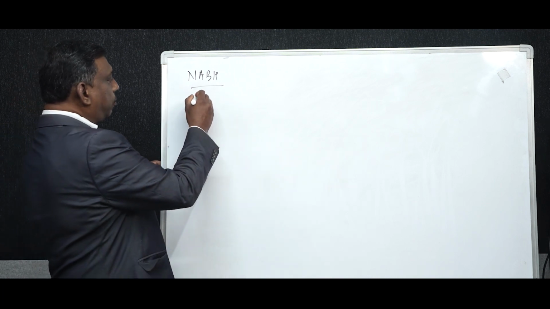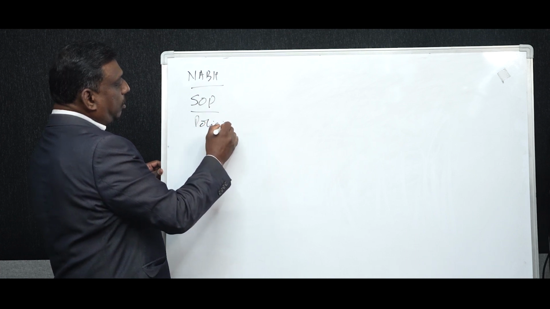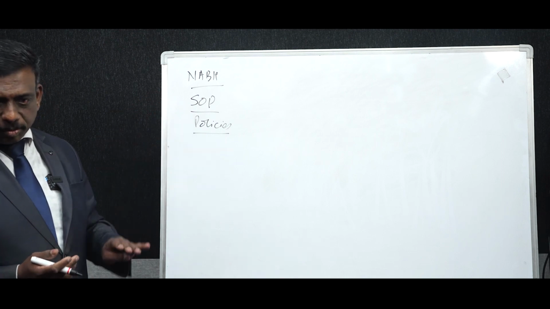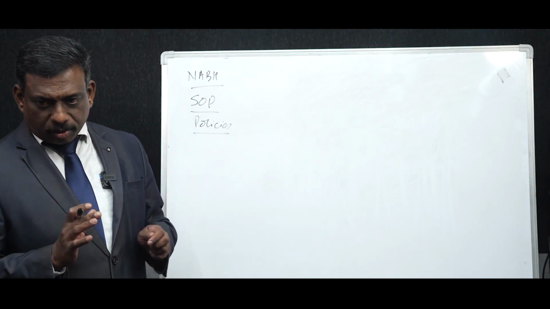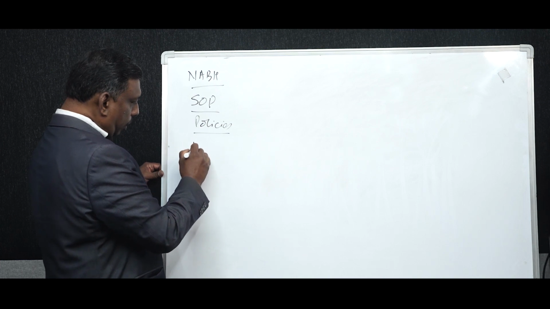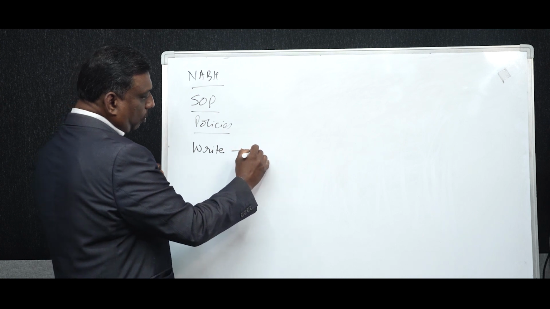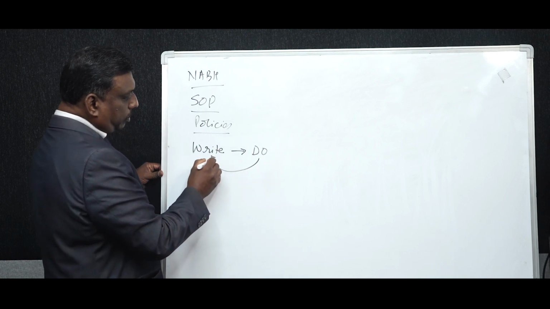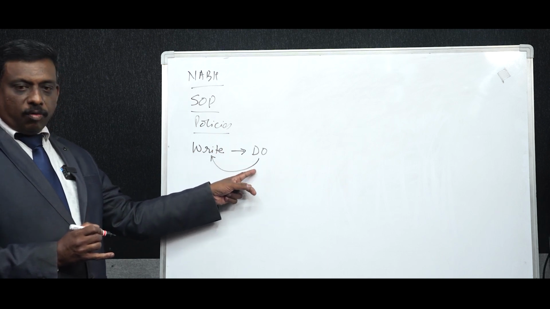So they have to prepare various SOPs and write down policies, and you have to implement all those protocols and policies inside the hospital, and ensure that all your staff follows them. It simply means that we should write what we plan to do, and we should do what we have written.